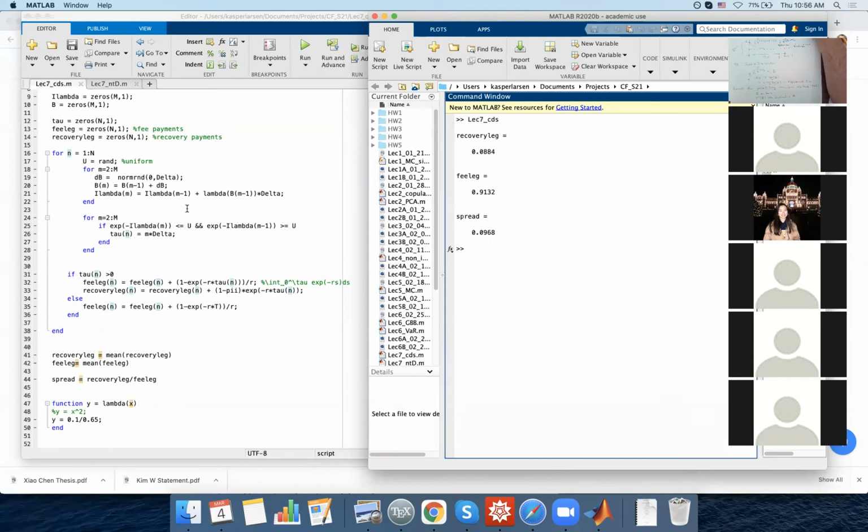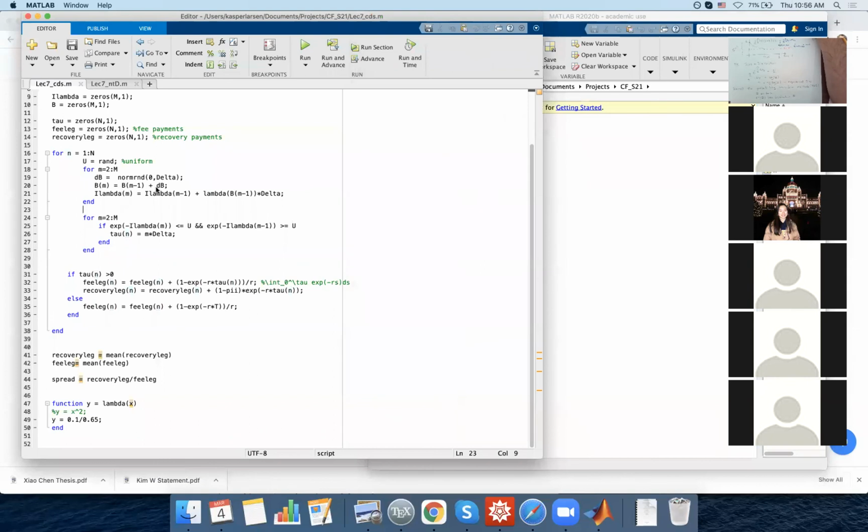And of course, when I change around the underlying stochastic process, if I don't want to have a Brownian motion as my Y process, if I don't want to have the square function... Did I use the square function here? Lambda, no, I did not use the square function. I just used a constant. So if you want to use the square function, we just change it around a little bit.